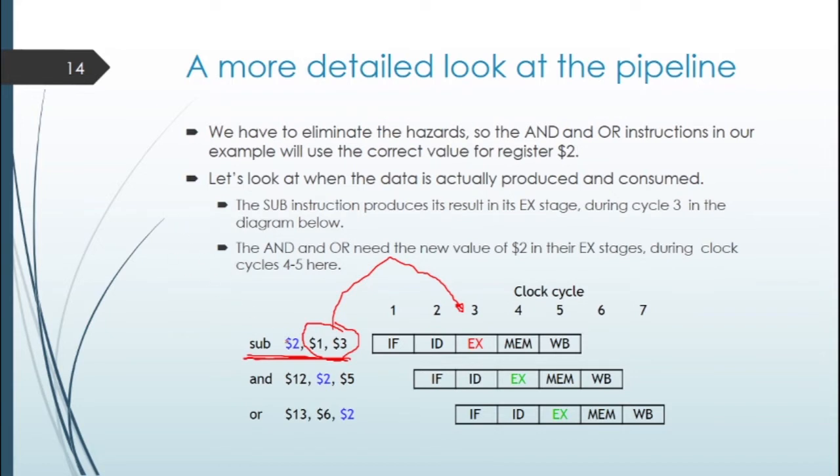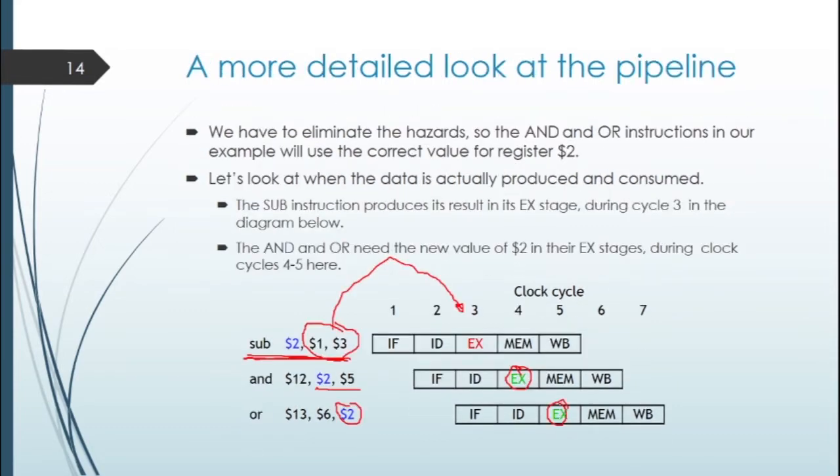Similarly, the AND operation between register number 2 and register number 5 is done in this fourth clock cycle, EX stage. Similarly, the OR operation is done in the fifth clock cycle, or EX stage of the fifth one.